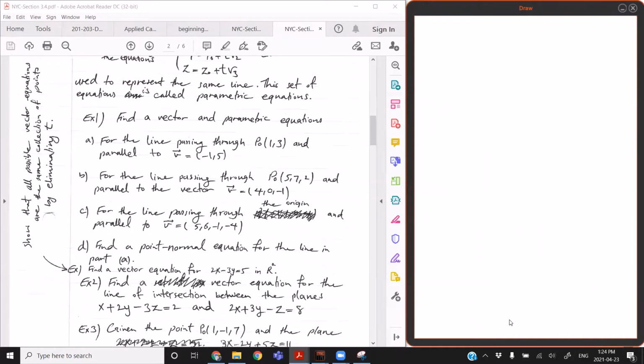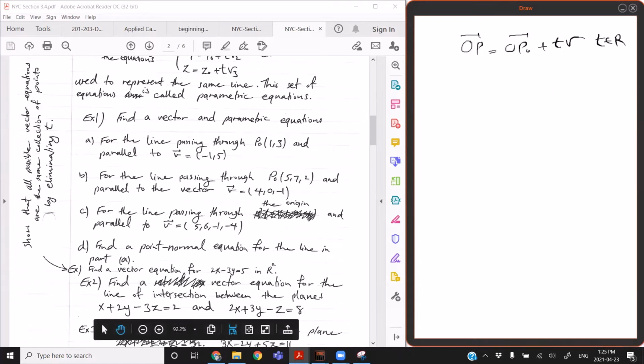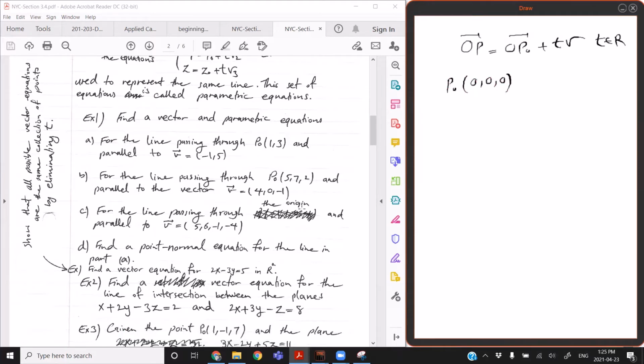Okay. Now let's do that for R4. No difference here. OP is OP0 plus tV, where t is a real number. As long as it's a line, it doesn't matter whether it's R2, R3, R4, it's the same formula. For part C, we are dealing with a line that passes through the origin. So I can take P0 to be (0, 0, 0, 0), the origin, and it is parallel to this vector.